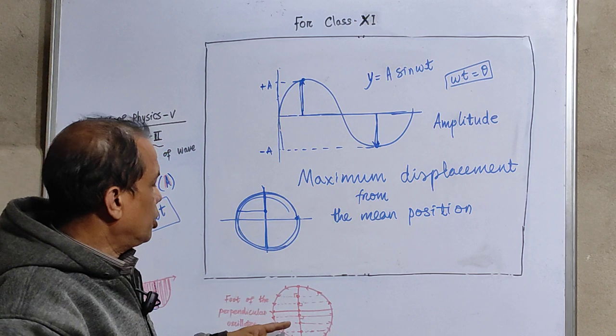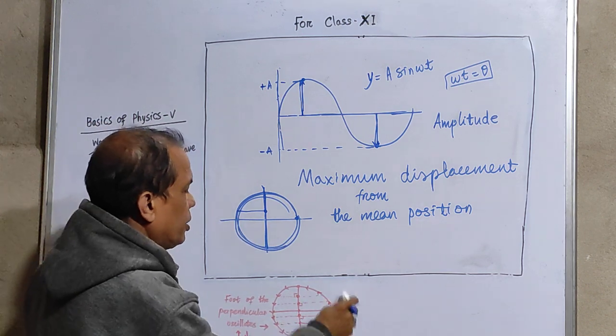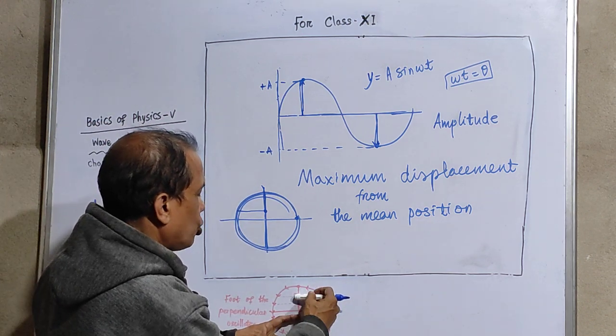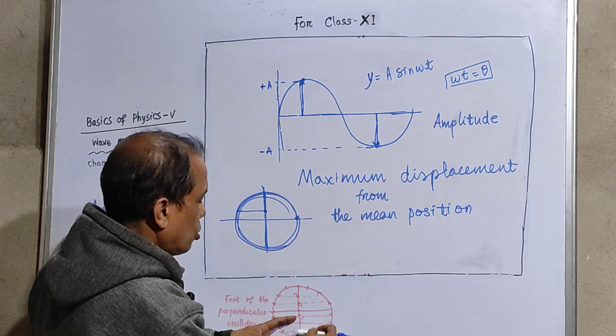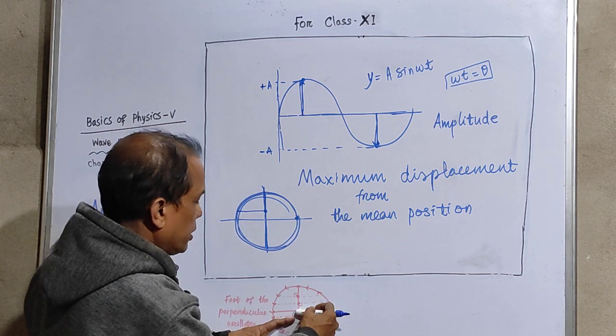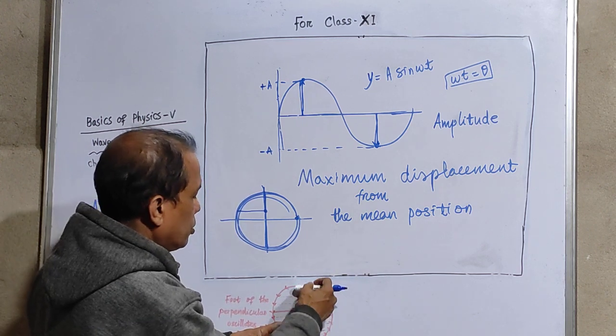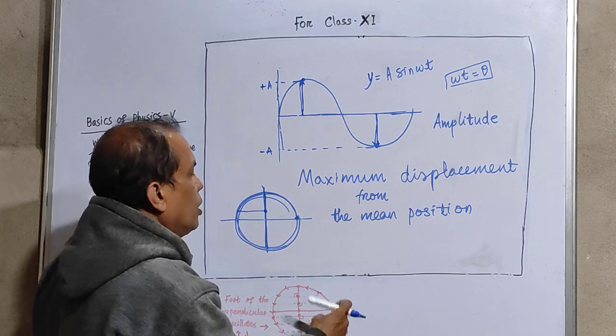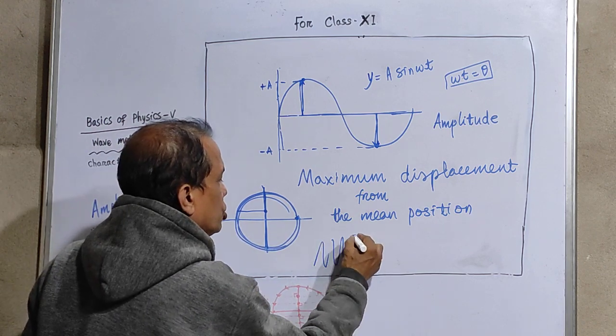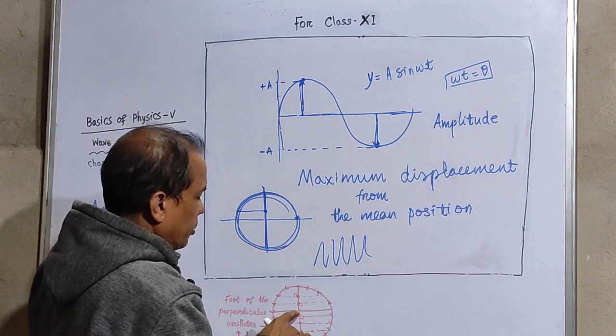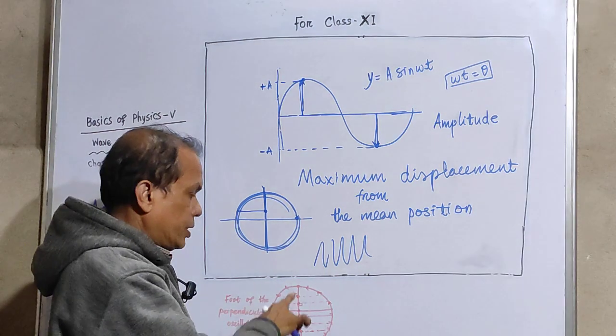Like this picture, as the rotation takes place, the foot of the perpendicular goes up, down, down, up, down, up. So this is the oscillation. During oscillation, we can find the foot of the perpendicular oscillates.